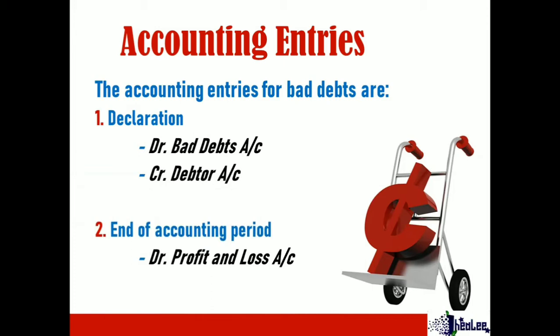So don't forget to list the bad debt as an expense because this is a cost incurred by the business. The business is now absorbing that cost. Hence, it is an expense, and you credit your bad debts account. So let's take a look at the example.